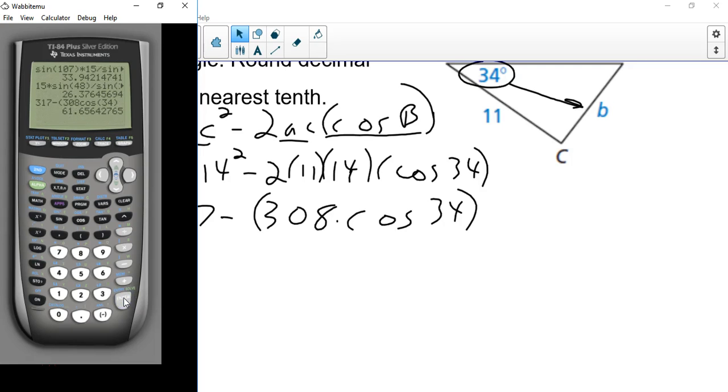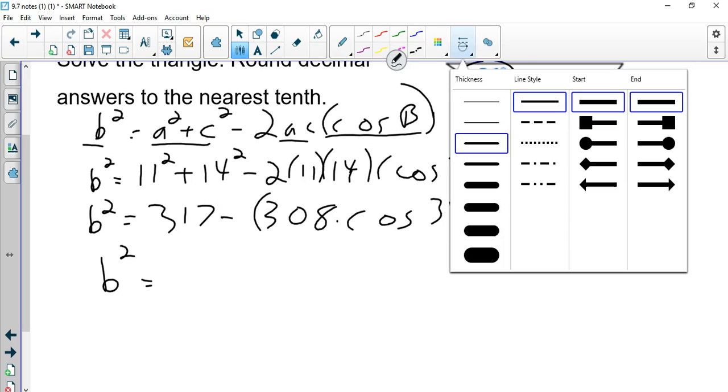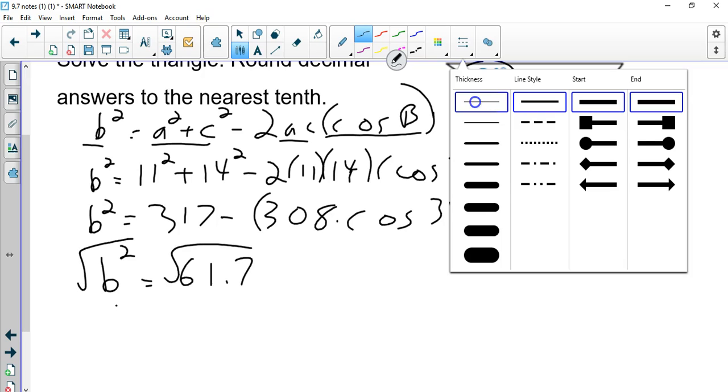Okay, and that's going to give me B squared is equal to 61, I'm just going to round to 0.7. Take the square root of both sides, I get B equals 7.9.